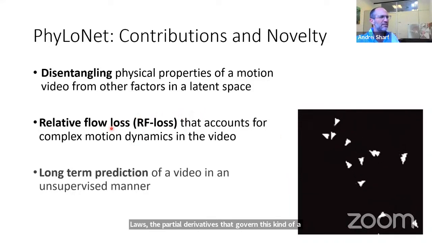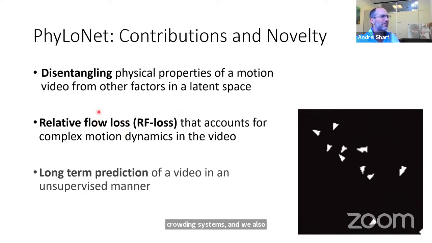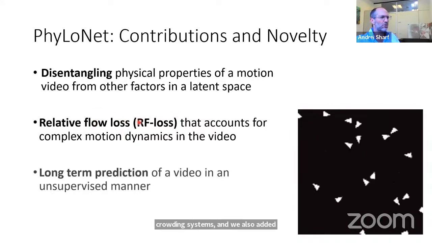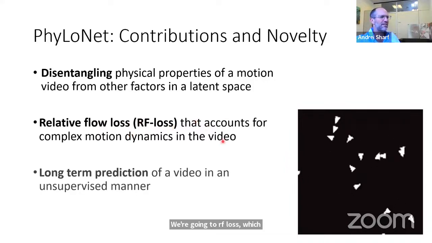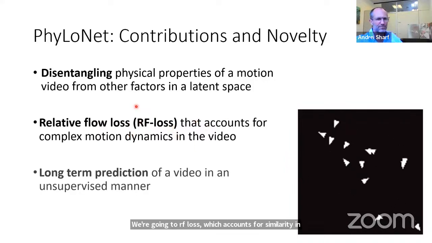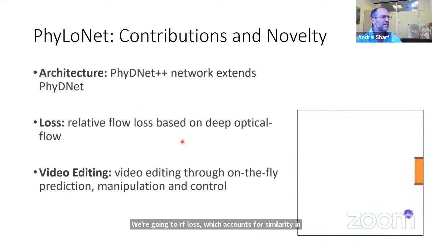And we also added a novel relative flow loss, we call it RF loss, which accounts for similarity in the dynamics of the video. Here is another example of ball collisions from a billiard game.